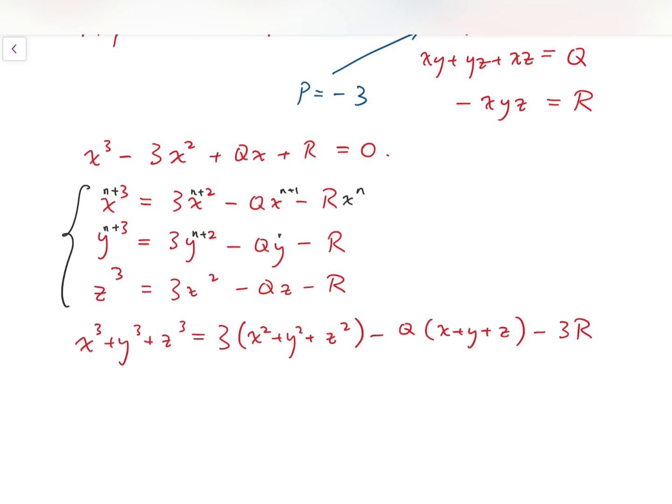Similar for y and for z. And from this, we can actually make this relation on sum of arbitrary powers of x, y, and z.